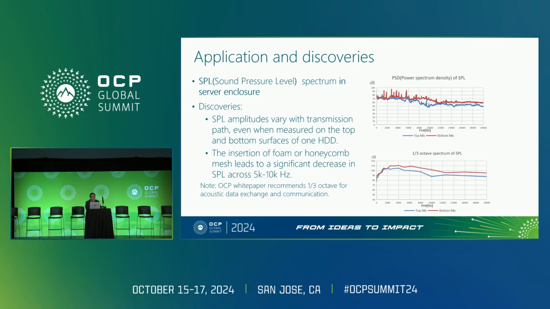We can discover how SPL varies with transmission paths, even when measured on the top and the bottom surfaces of one HDD. And the insertion of foam or honeycomb mesh leads to a significant decrease in SPL across 5K to 10K Hz.